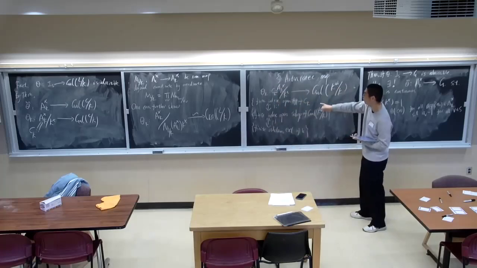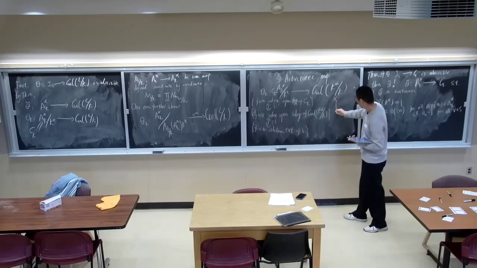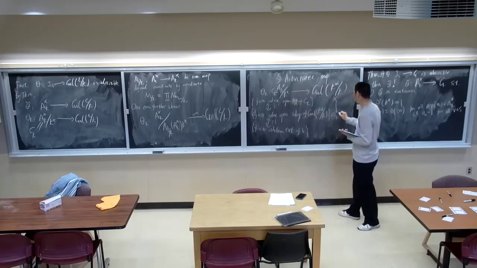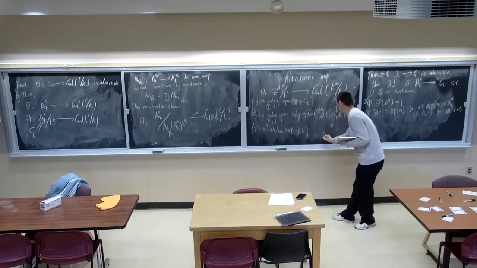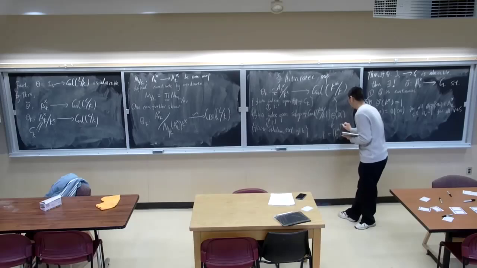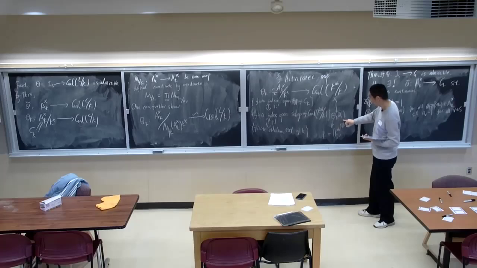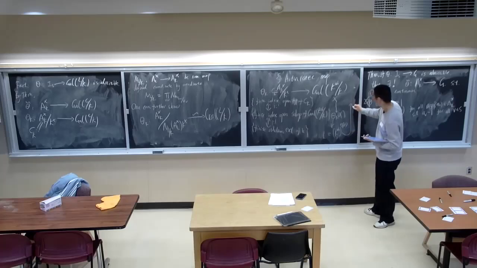Let's say you have an open subgroup X of C_K. By using this map theta_K, you can map it to an open subgroup of the Galois group, and then you take the fixed field. You take the fixed field of theta_K of X, then you get a finite abelian extension of K, and then you can map it back.